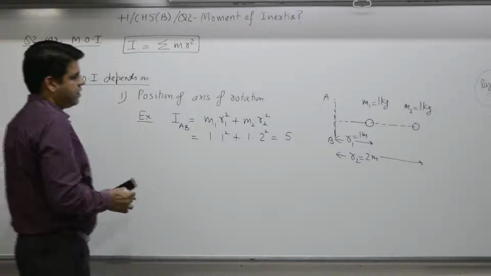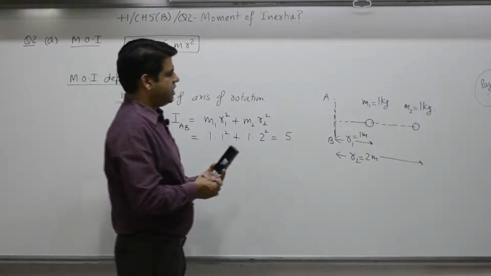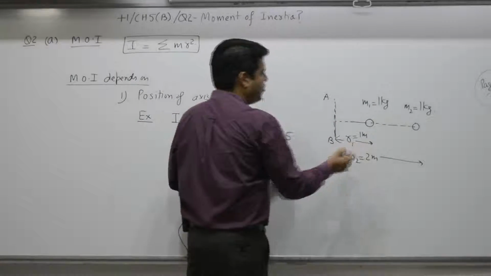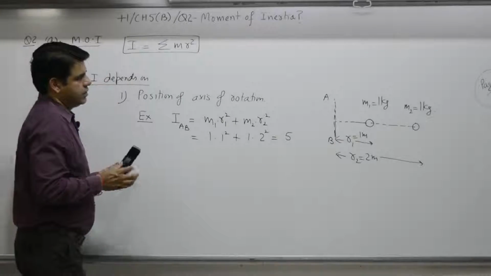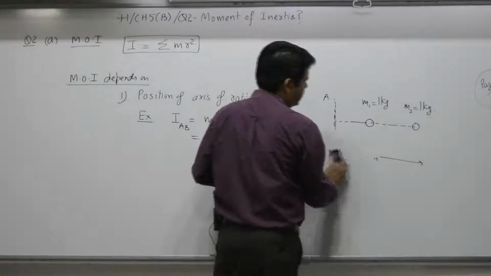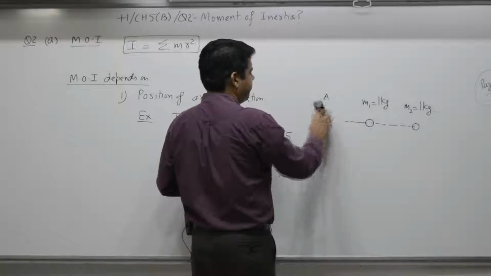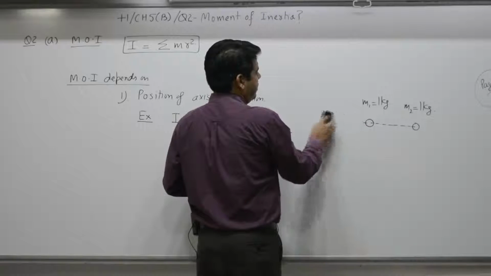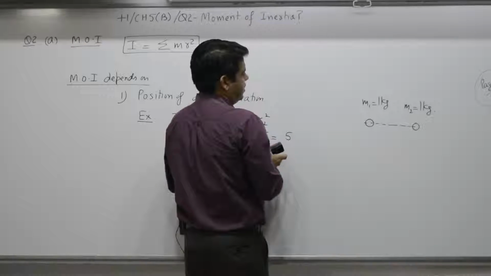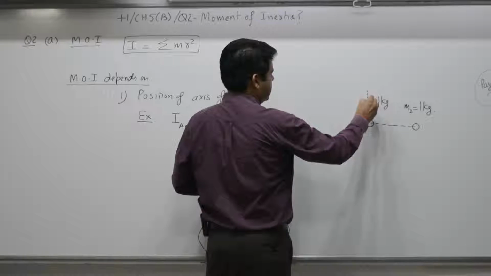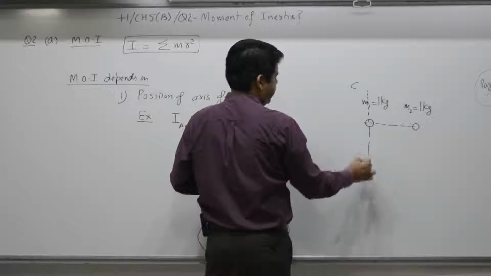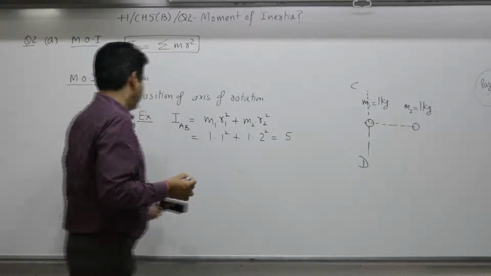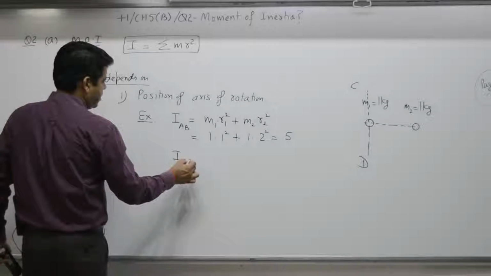Now, if I ask you to find moment of inertia about an axis passing through M1, we change the question: masses remain the same, and now I ask you to find moment of inertia about an axis CD.